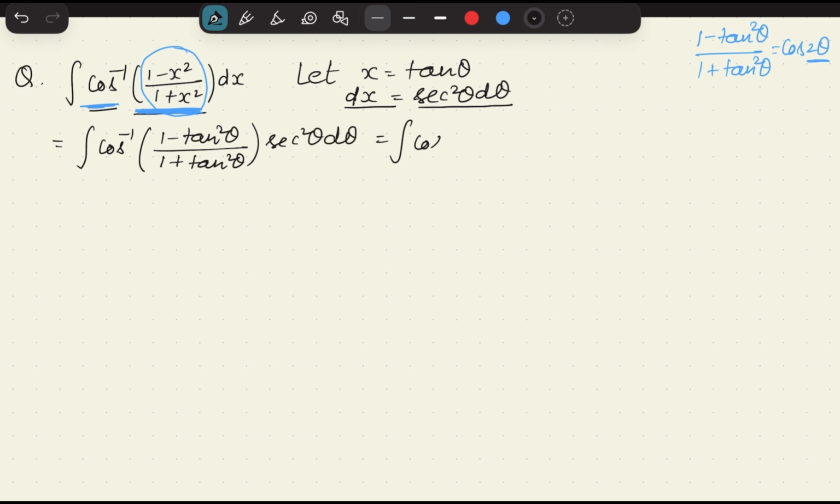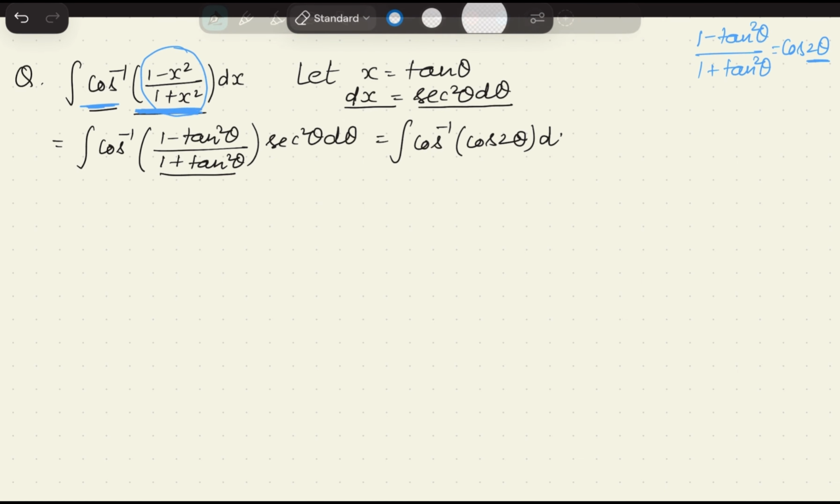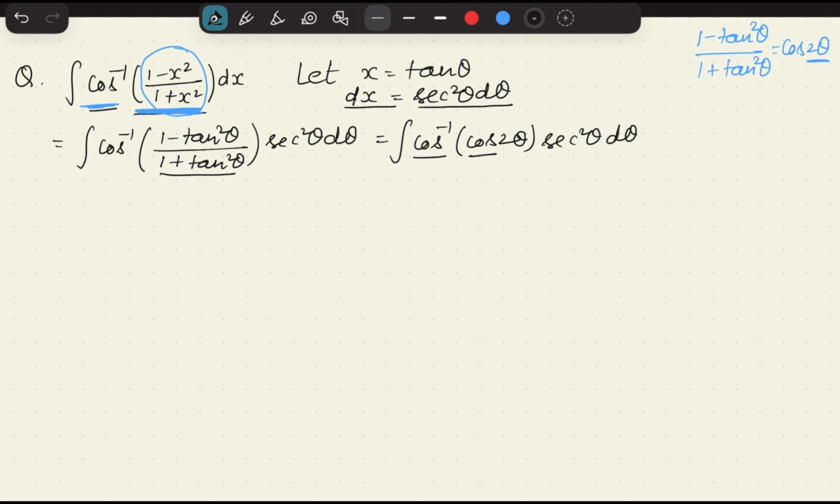Now this is the formula of cos 2 theta, so cos inverse cos 2 theta, and sec square theta d theta. Now cos inverse is the inverse function of cos, so we will get 2 theta into sec square theta d theta. This can be written as 2 integration theta sec square theta d theta.